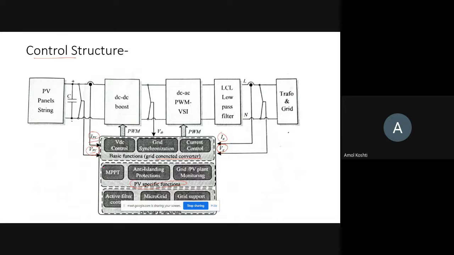In that, we are using MPPT, that is maximum power point tracking, anti-islanding protection, and monitoring. We have to monitor the performance of the PV panels in terms of voltage, current, and power. So that is the monitoring system.